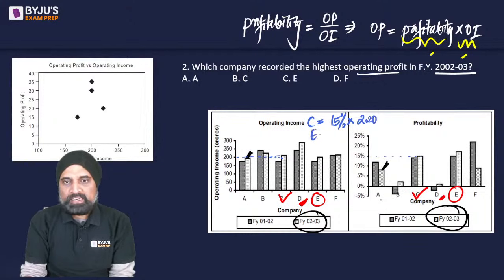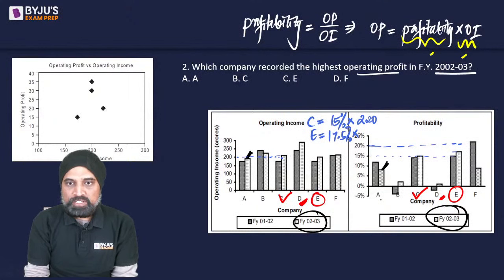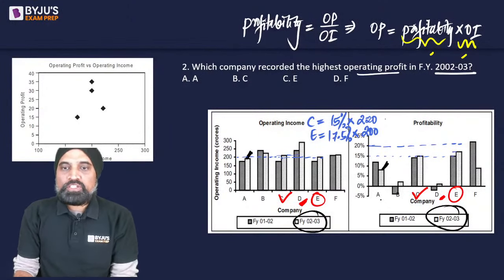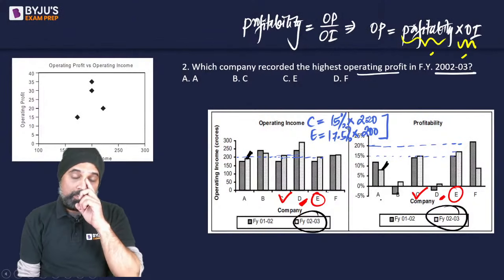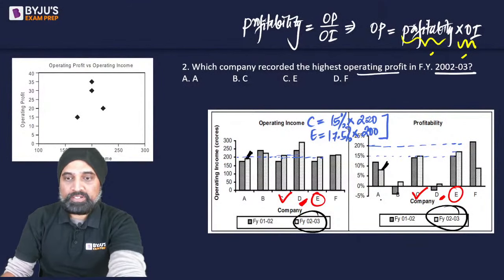If you look at E, it is going to be 17.5 into its operating income, which is going to be, if I continue this, into 200. So which one out of these two is going to make sense? 15% of 220 or 17.5% of 200?